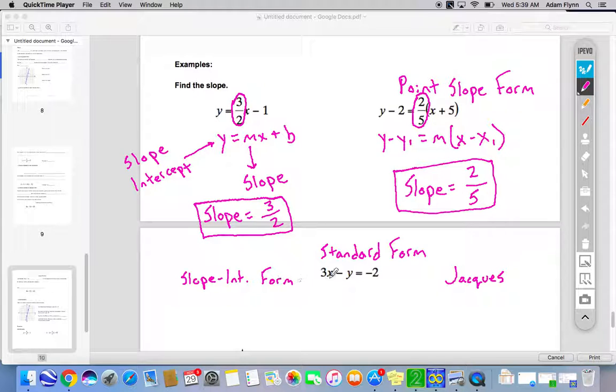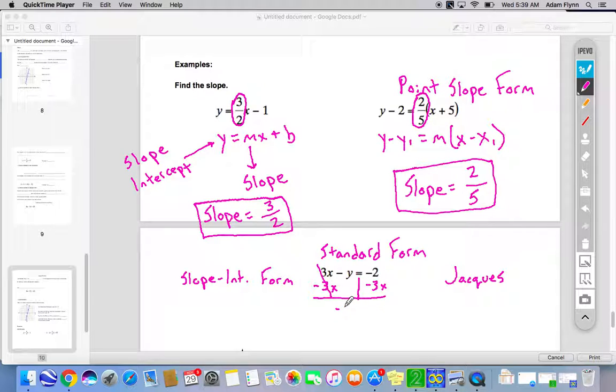So for slope-intercept form, all I'm going to do is get the y by itself. So if I subtract 3x from both sides, these will cancel.